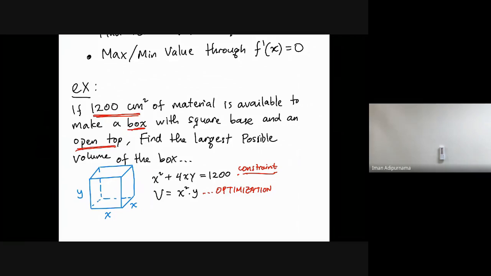Because we have the constraint, we can rewrite the form, find the relation between x and y, and substitute it here. So there will be only one variable and it will be easier for calculation. So let's do that.